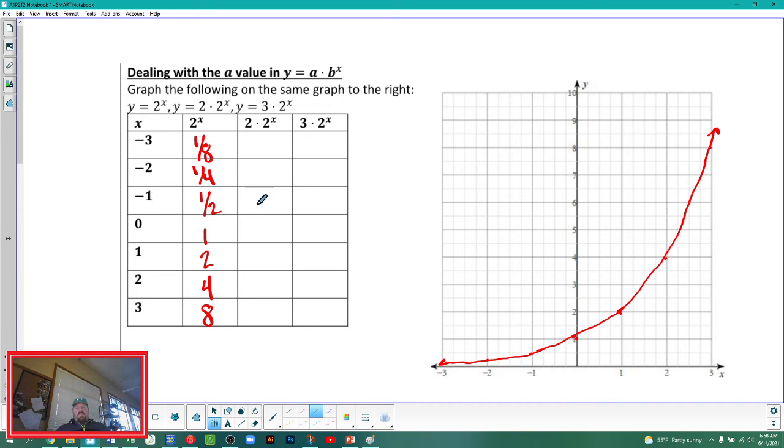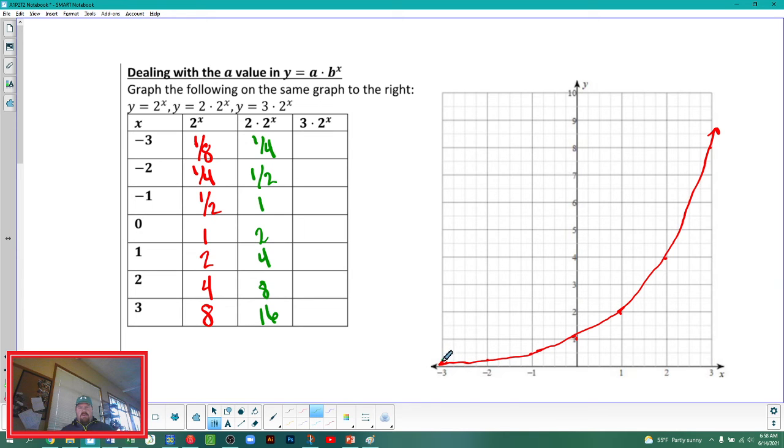For the next row, I'm just going to take all these and multiply them by 2. That's going to turn this into 1/4, turn this into 1/2. That's going to be 1. That's going to be 2, 4, 8, and 16. So it's going to really increase all these numbers.